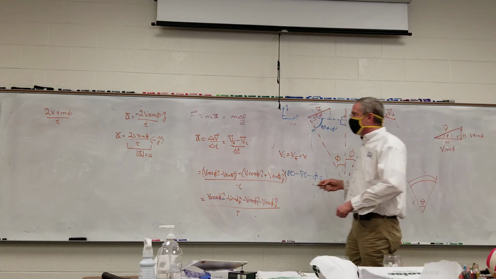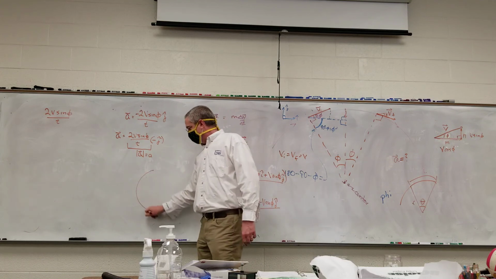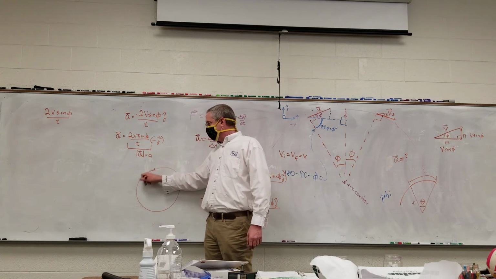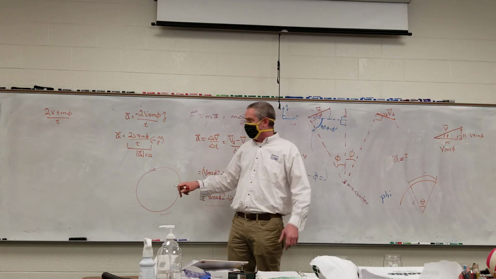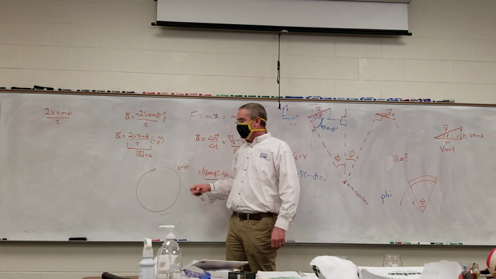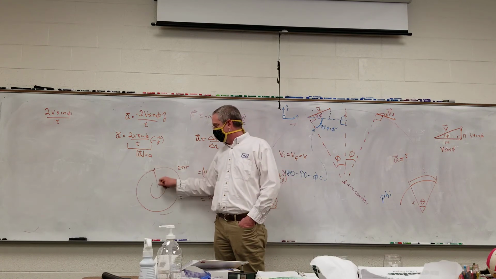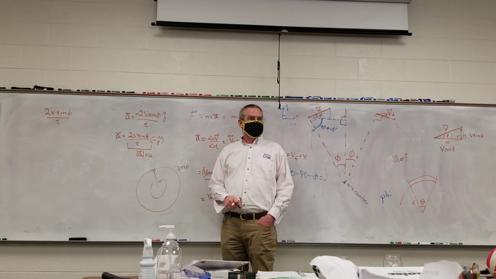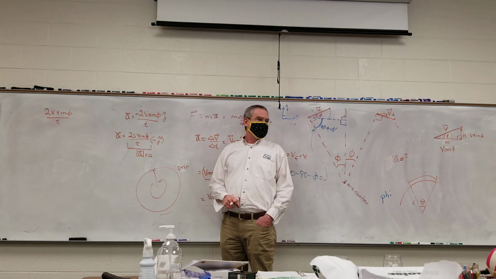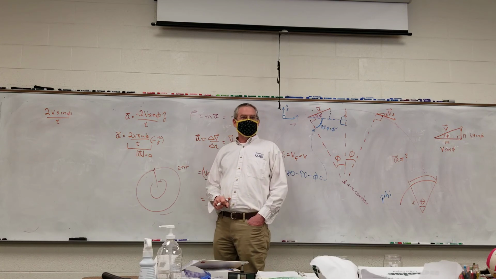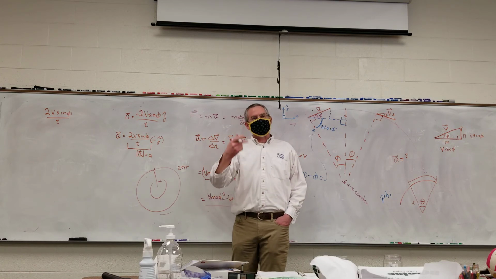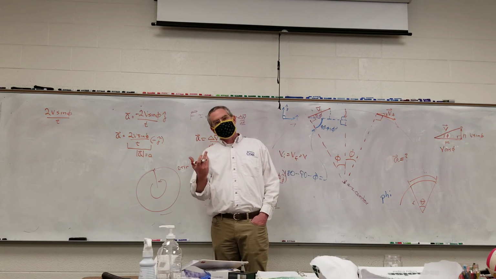So if I do an entire circle, I know that the distance all the way around, the arc length of an entire circle, is 2 pi r. What is the angle if I go all the way around? Somebody say it, I missed it. 360, going all the way around, so 360 degrees.